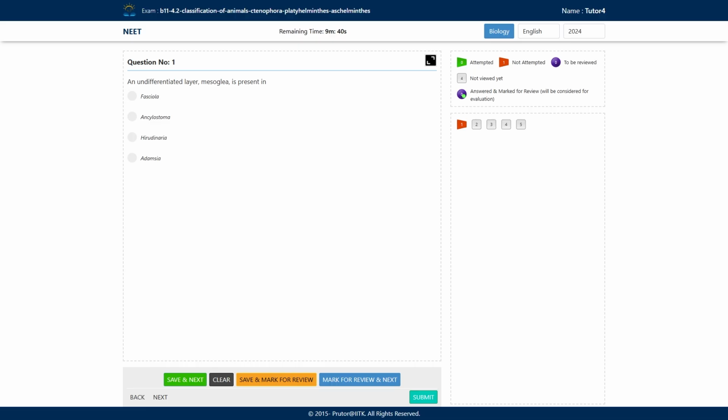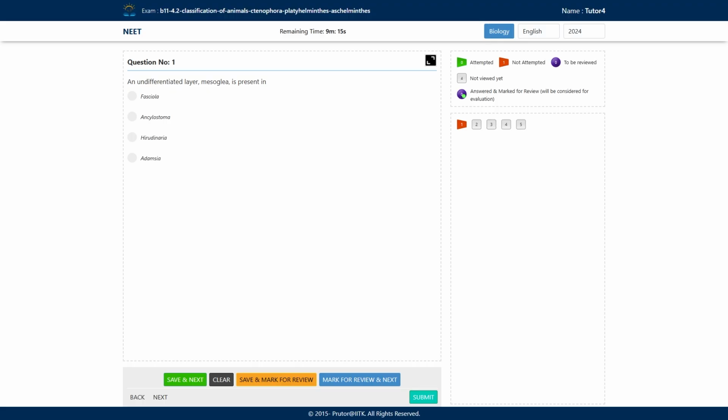An undifferentiated layer, mesoglea, is present in which organism? Mesoglea means the organism has only two germinal layers, ectoderm and endoderm, and in between they have the mesoglea layer.